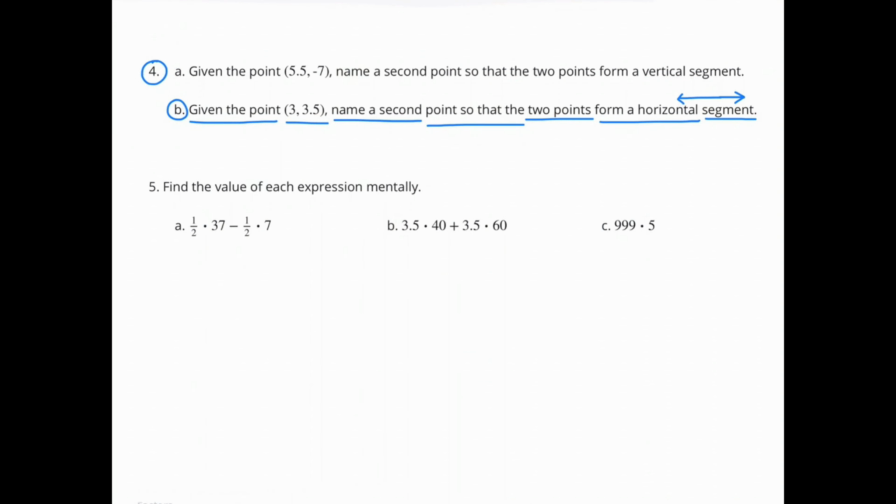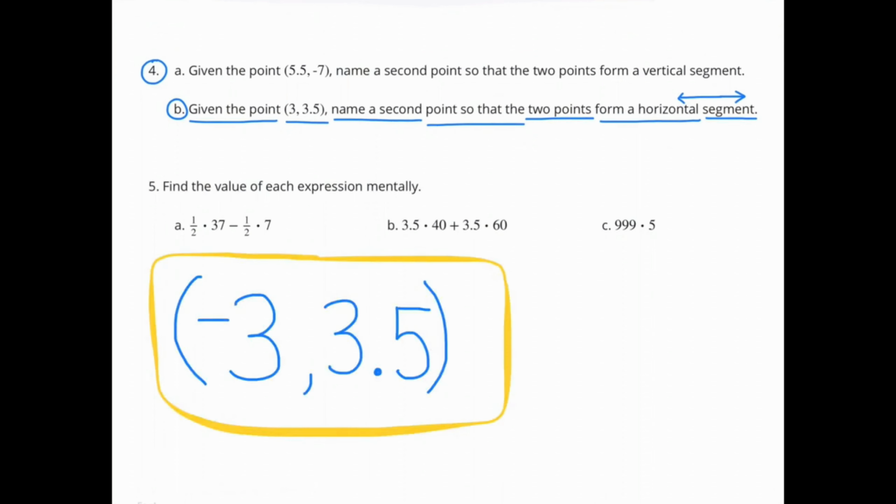B. Given the point 3 and 5/10, name a second point so that the 2 points form a horizontal segment. I drew an illustration of a horizontal segment. The set of coordinates -3 and 3 5/10 would form a horizontal segment along with 3 and 5/10.